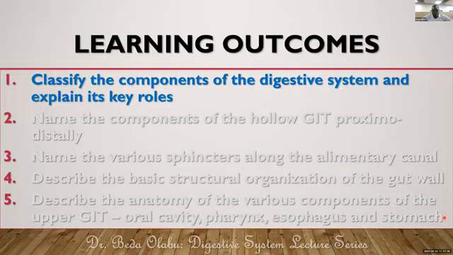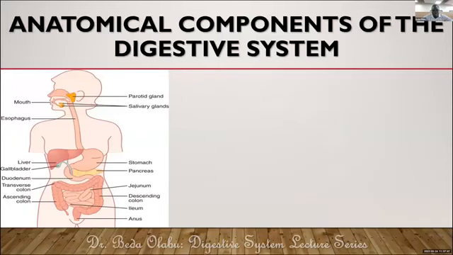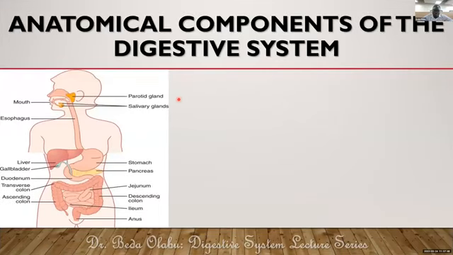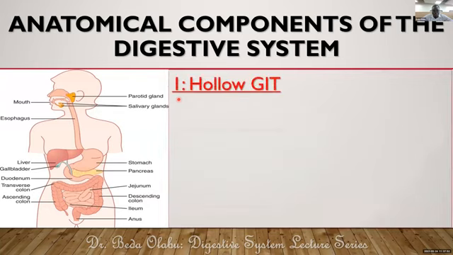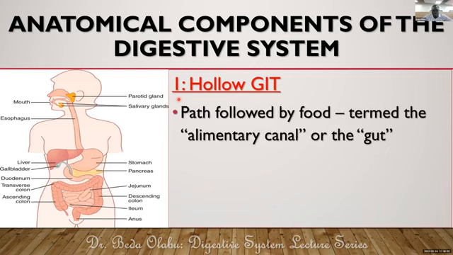Having said so, let's now look at the first agenda, which is to classify the components of the digestive system and also to explain the key role of the digestive system. We can classify the anatomical components of the digestive system this way, that we have 2 major components. This is what we call the hollow GIT. The hollow GIT refers to that part that is followed by food.